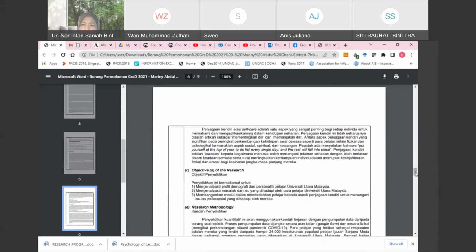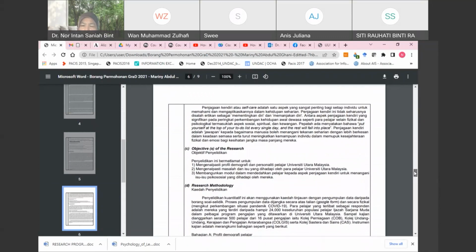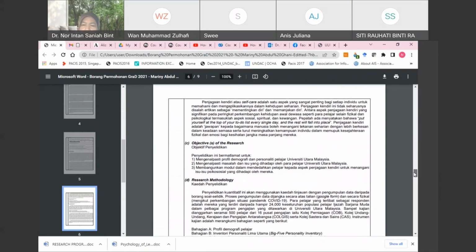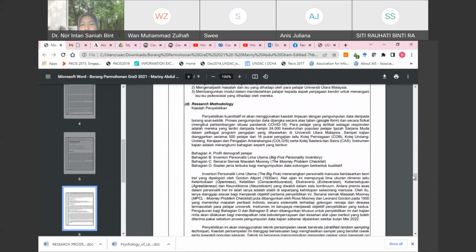Objektif dia nak tengok demografi, personality, masalah dan modul. Kualitatif dia dekat soalan terbuka, dan we will use content analysis.